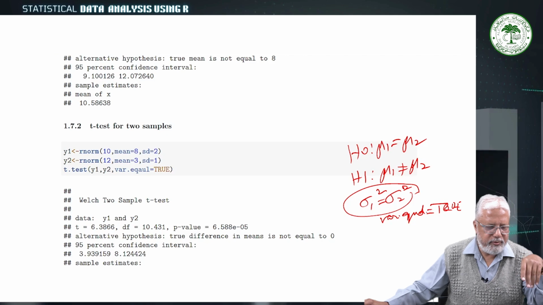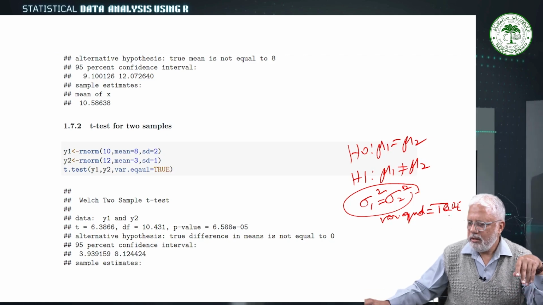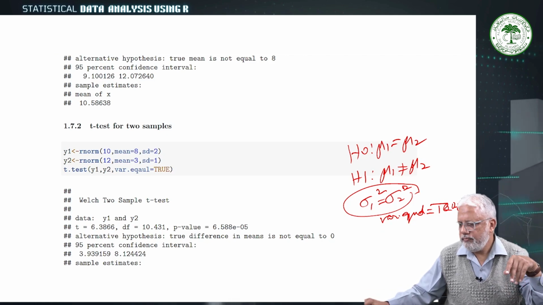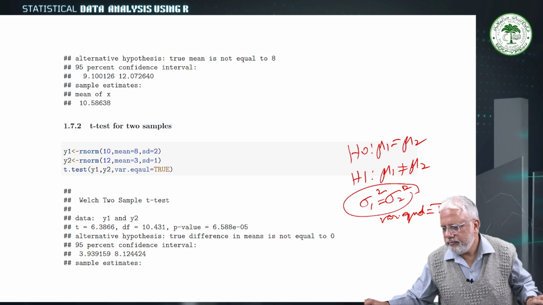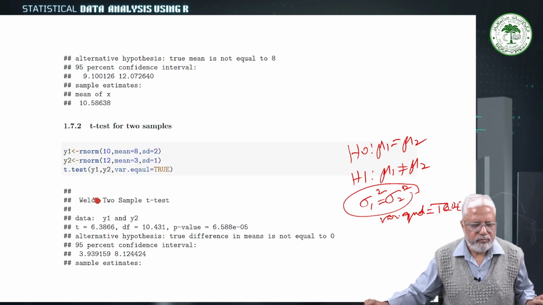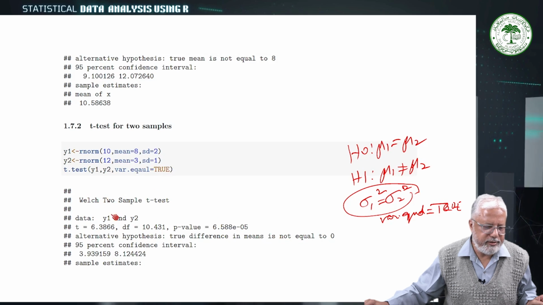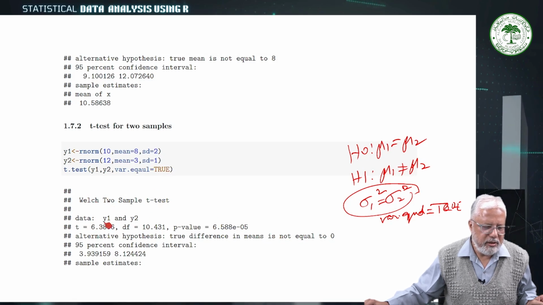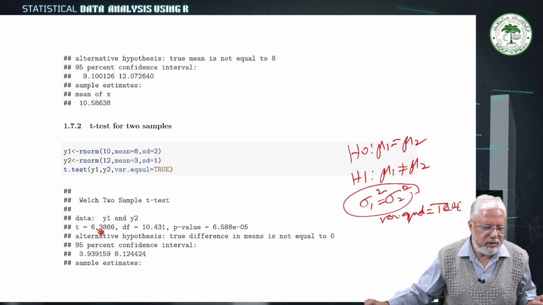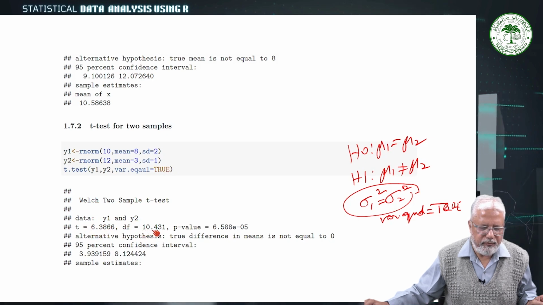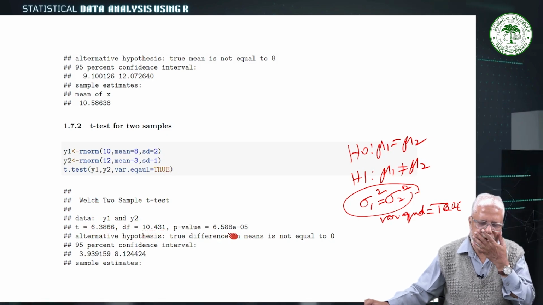See, what is the value of the t statistic? Here actually it is var.equal equal to false, and that's why we are getting the Welch test for the t test. Data y1 y2, t is this, degrees of freedom is 10.43, p value is this.